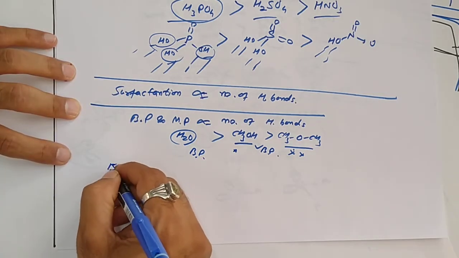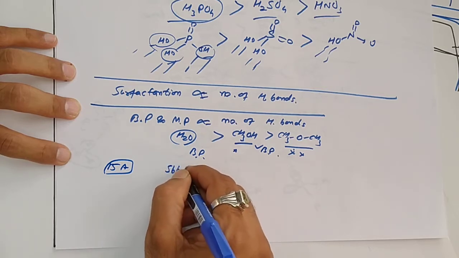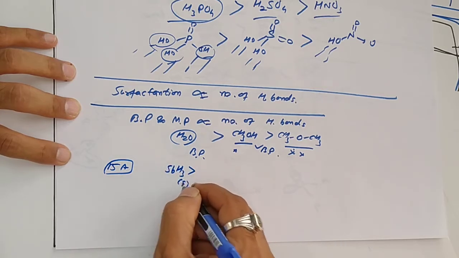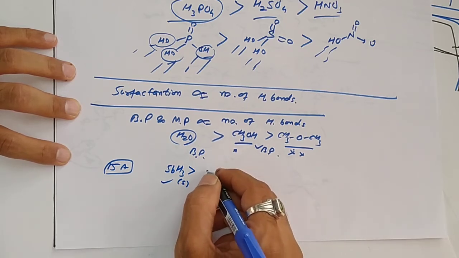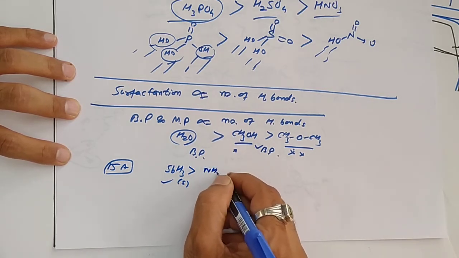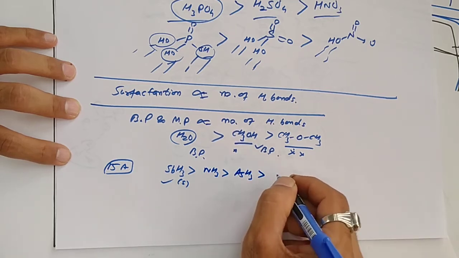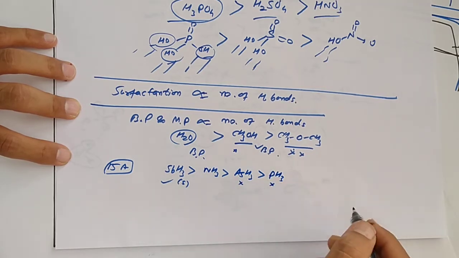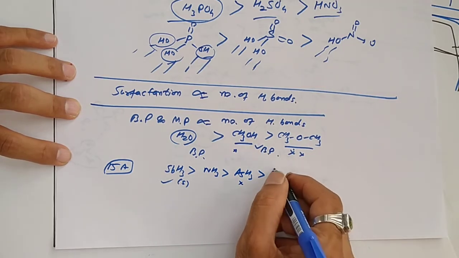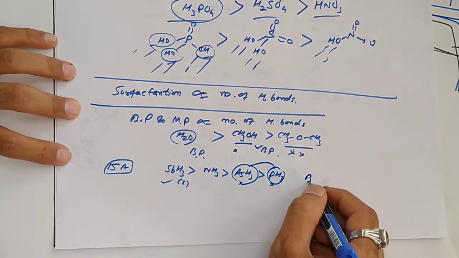In the group number 15A hydrides, antimony hydride, which is solid, has a higher boiling point than ammonia, arsenic hydride, and phosphine. In phosphine and arsenic hydride there is no hydrogen bond, but with increasing molecular mass, boiling point increases.